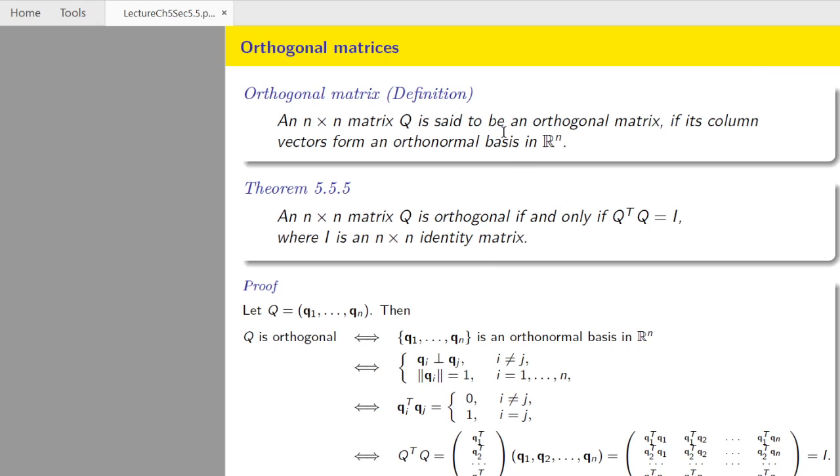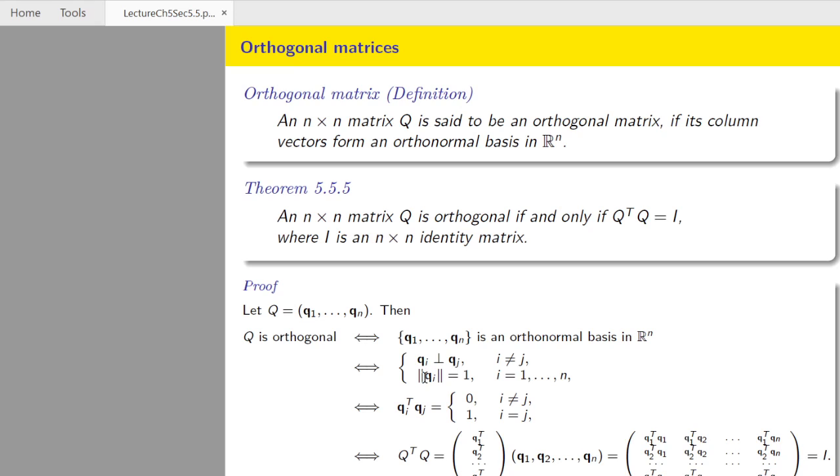By the definition, that requires its column vectors form an orthonormal basis in Rn. What's the definition of orthonormal? For orthonormal, we need two conditions. First of all, each pair Qi and Qj are orthogonal to each other. The second condition is each of the vectors here has length one.